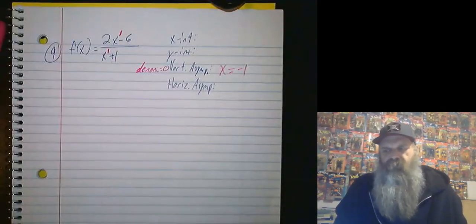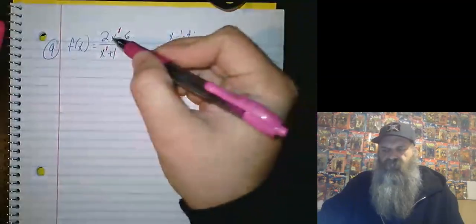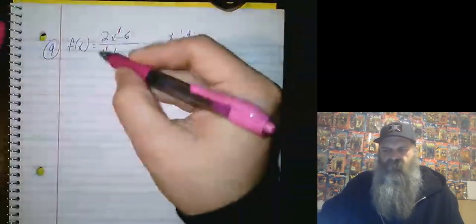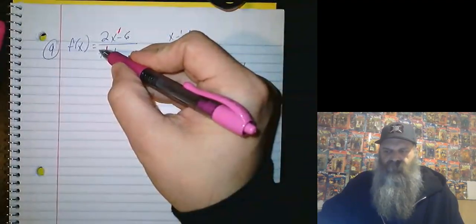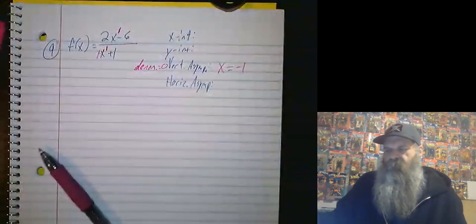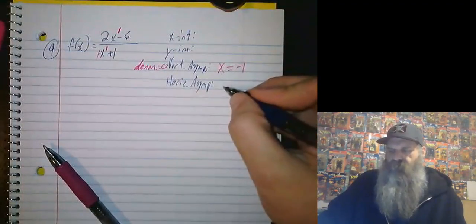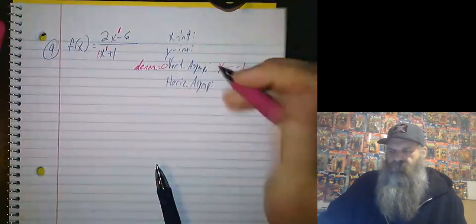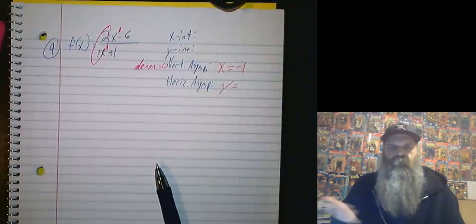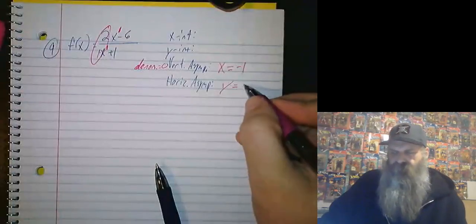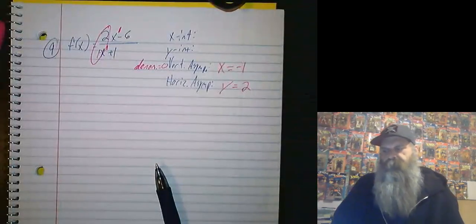And when the degrees are the same, it's just the coefficient of the x over the coefficient of this x. And this is just an implied 1. So the horizontal asymptote is a y equals equation, and it's just that: 2 over 1, which is just 2.